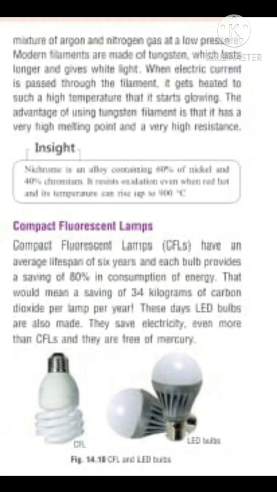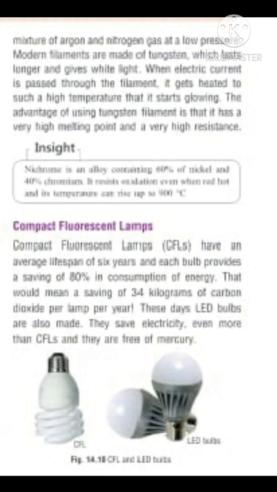Modern filaments are made of tungsten, which lasts longer and gives white light. When electric current is passed through the filament, it gets heated to such a high temperature that it starts glowing. The advantage of using a tungsten filament is that it has a very high melting point and very high resistance.